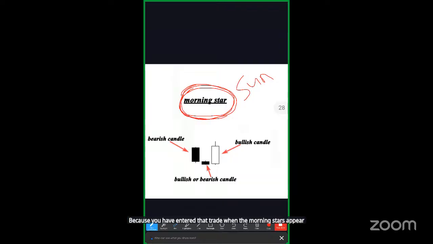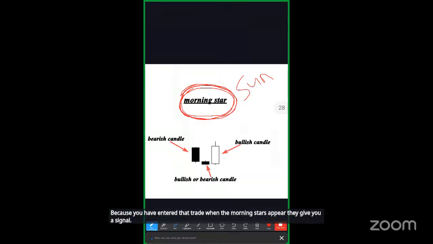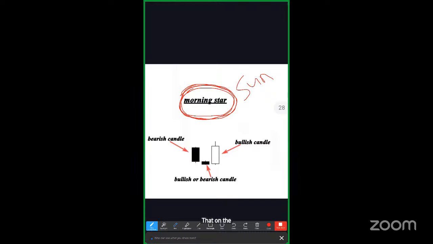They gave you a signal that on the other side of the market, indeed, you are going to collect some profit. So let us look at this morning star type of chart pattern.